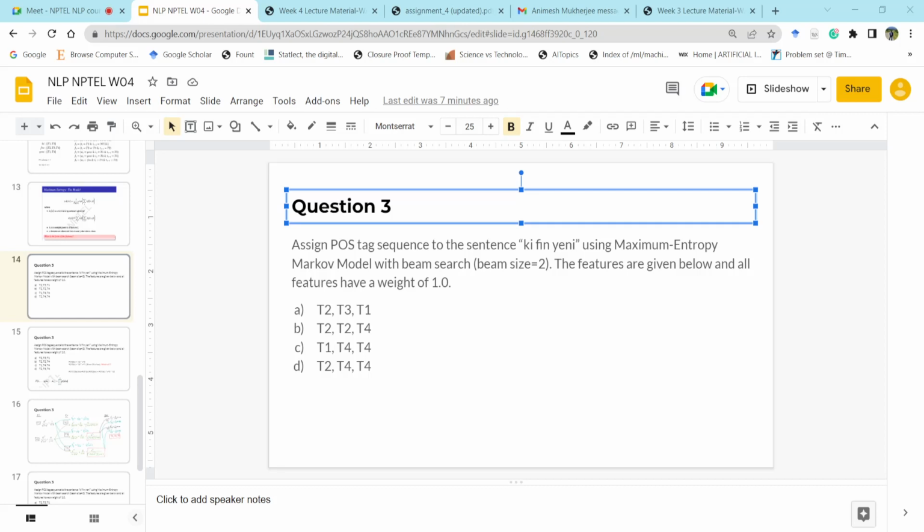Okay, so the first question is, we have to find out first of all p of lambda, y is T1 and x is, so this is for the first term, so sorry, x is ki, right? Any doubts up to this point?